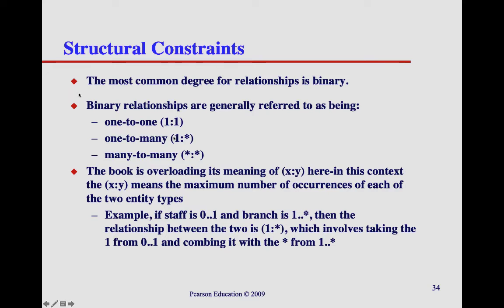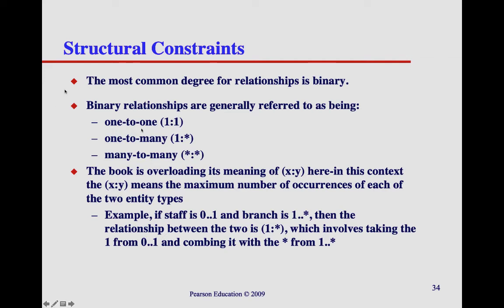Or it could be 1-to-many, such as for 1 instance of branch, there are many staff in it. Or it could be many-to-many, as in the newspaper can advertise multiple properties, and a property can be advertised by multiple newspapers. An example of 1-to-1 would be the staff manages branch relationship.